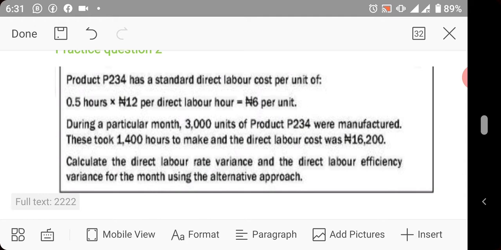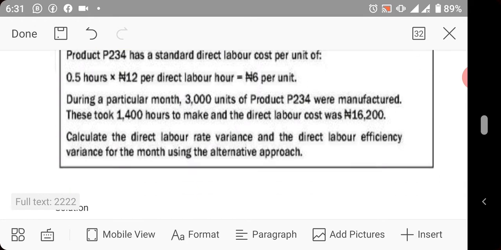To produce 1 unit of the finished goods will take 0.5 hours, and each hour is paid for 12 naira. This 6 naira is 12 times 0.5, which gives us 6. So we incur 6 naira to produce finished goods.